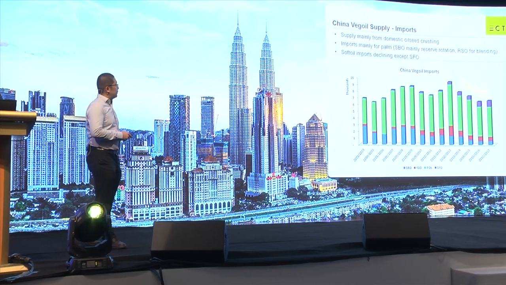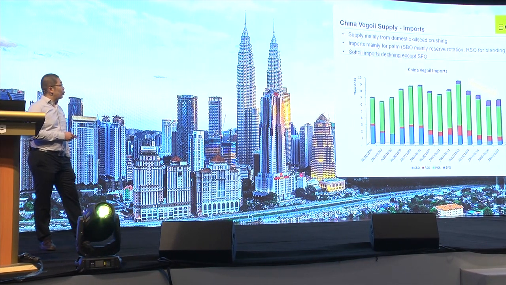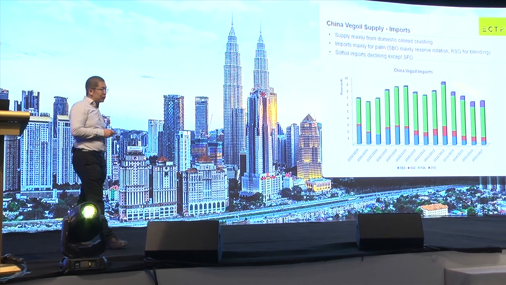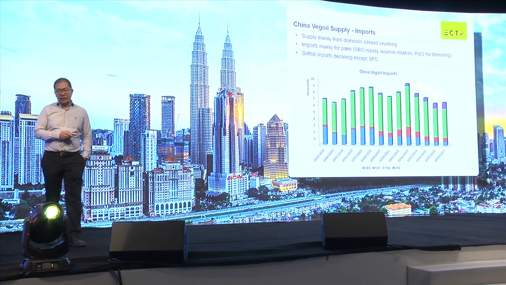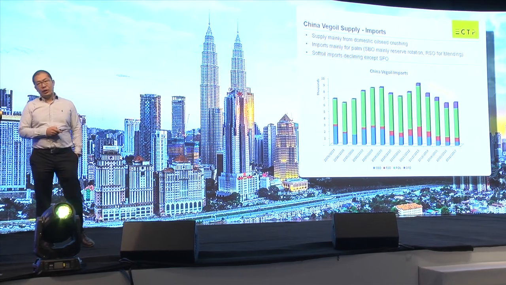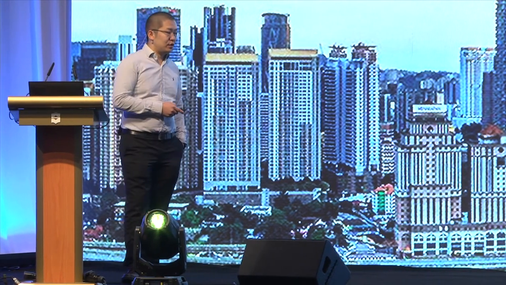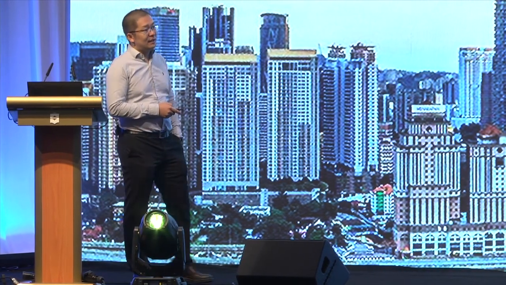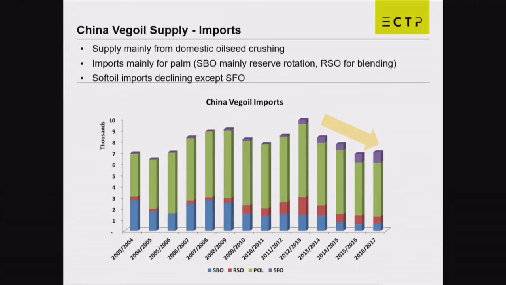In terms of imports of different oil types, for the recent 3-4 years, most of them are declining mainly for two reasons. You have more soybean crushing for meal, so that you have soybean oil to be consumed, and then you have rapeseed oil getting released from reserve.